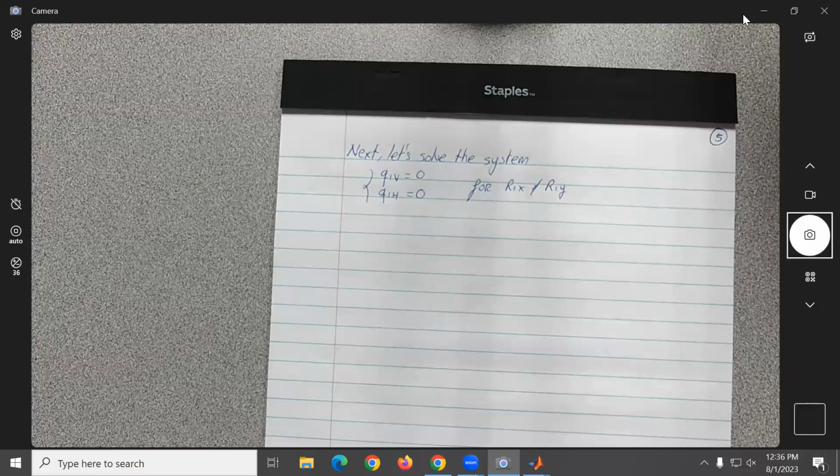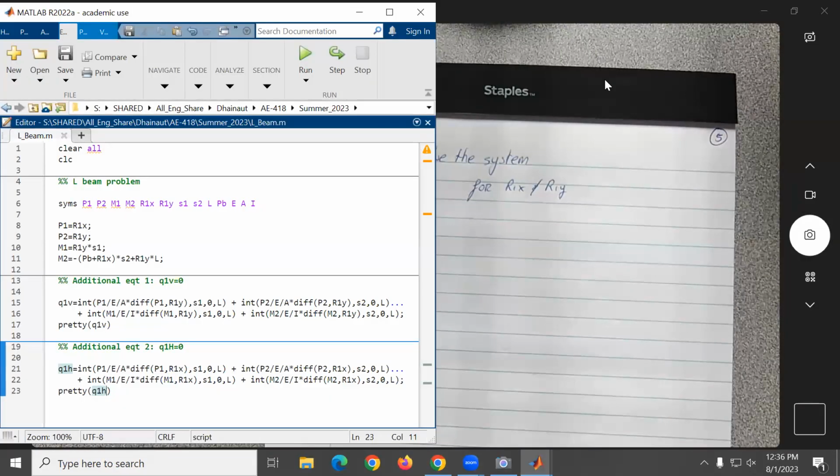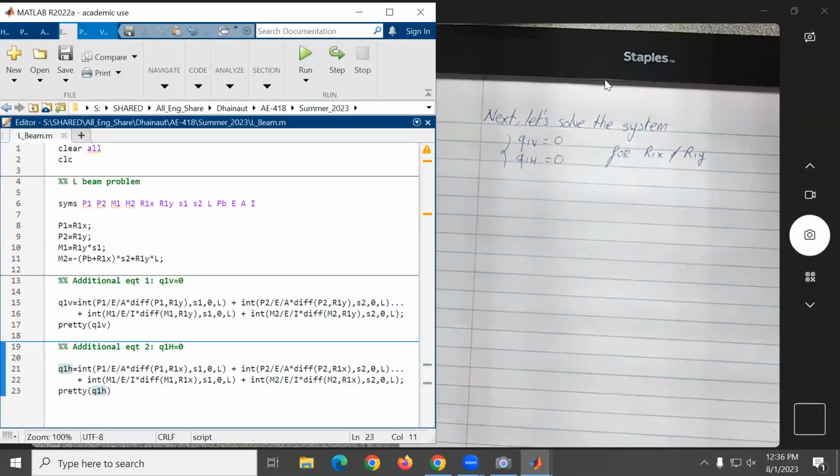So now that we have the MATLAB code, let's see, how can we do that? Can I just go probably here to the code now? Yeah. So let's see, maybe let's call this one here equation 1. Let's call this one equation 2.